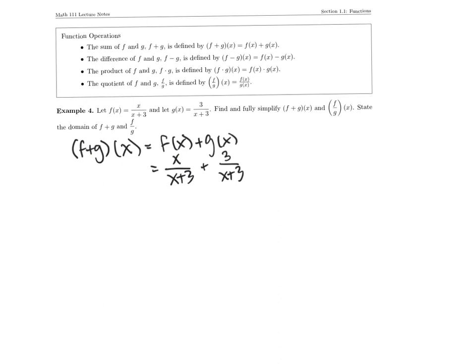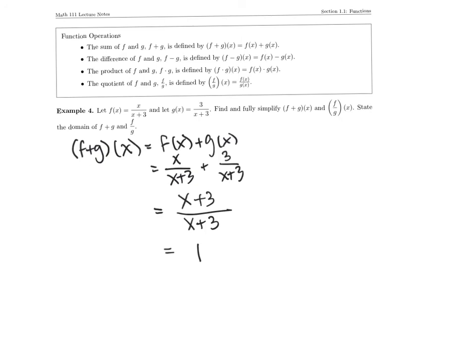So I'm going to add my numerators together, x plus 3. Keep my denominator the same. X plus 3 divided by x plus 3. Anything divided by itself, 4 divided by 4, 8 divided by 8, x divided by x gives us 1. And that happens sometimes. So yay, we have found our f of x plus g of x.